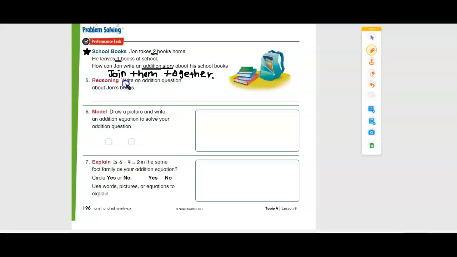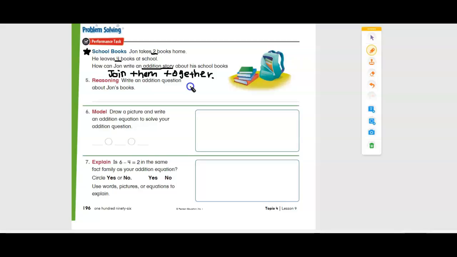So then it says, write an addition question about John's books. So this question that we would ask, think about our problems that we have written so far. For example, in our solve and share, the question that we asked was how many dogs were left.